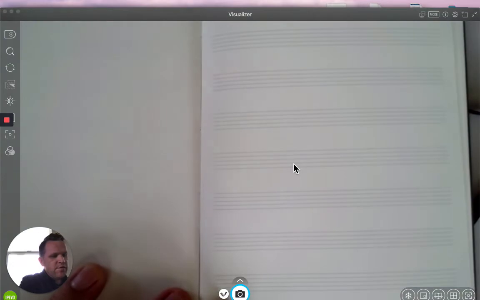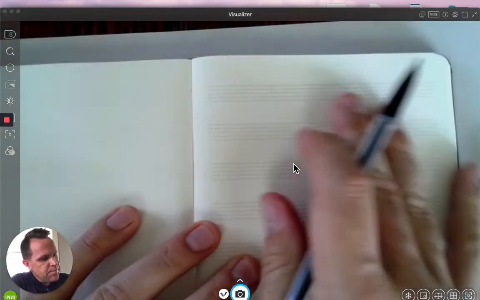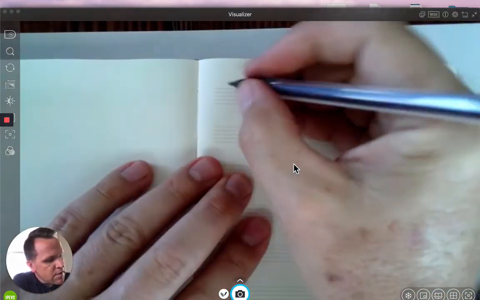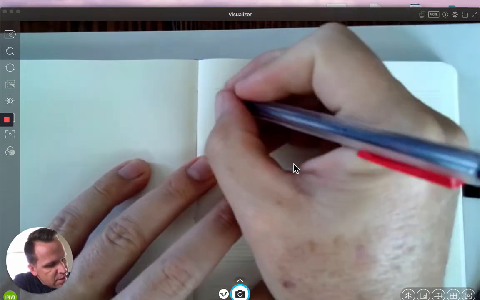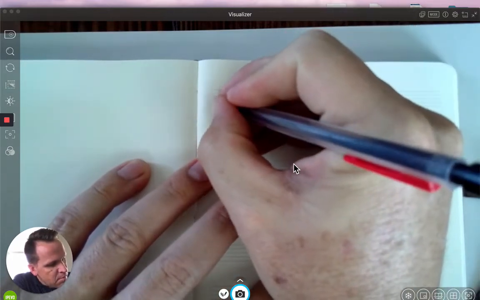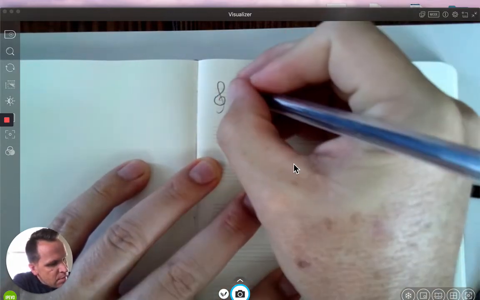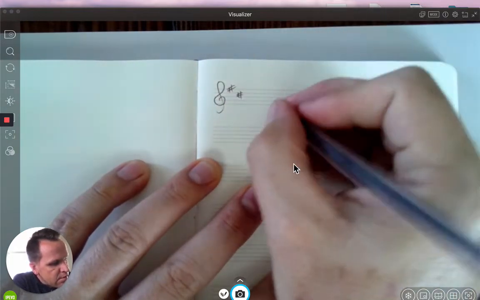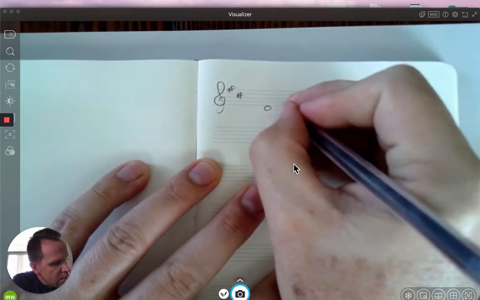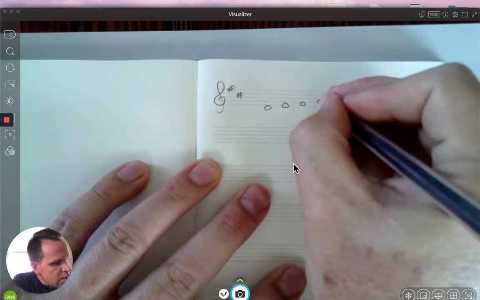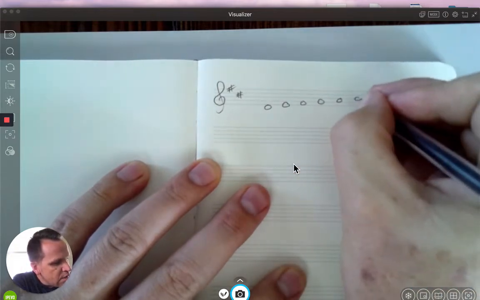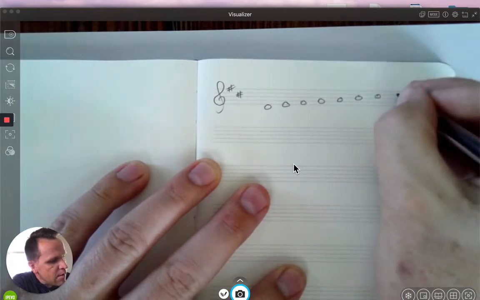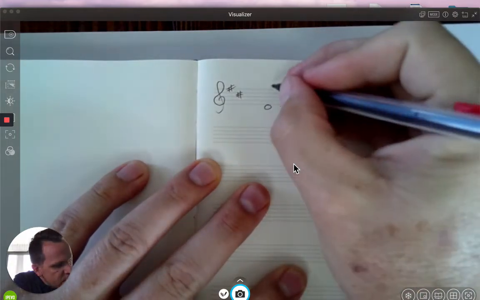So we'll start with a key that's pretty common. How about D major? I'm going to look at my scale, and I'll notate it out. There's D, E, F sharp, G, A, B, C sharp, D, and I have my scale degrees.